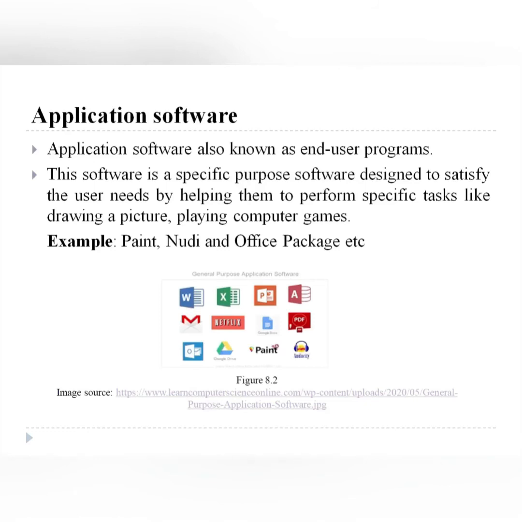Some examples of application software are Paint, Nudi, Office packages, that is word processing software like MS Word, Notepad, WordPad. This is used to create documents. Similarly, applications like VLC player, MX player are used to play videos.